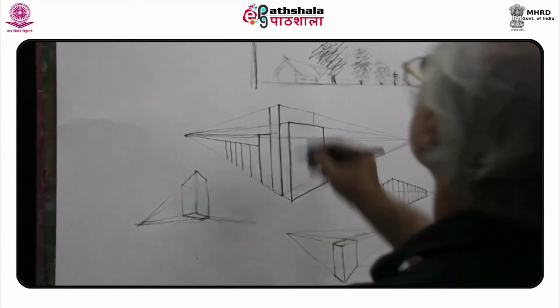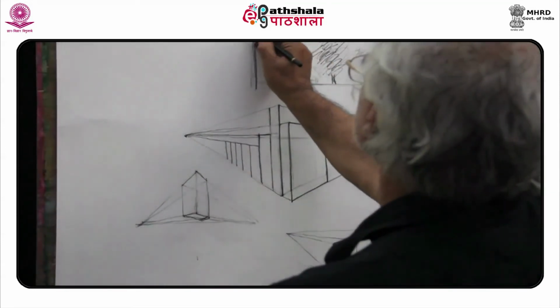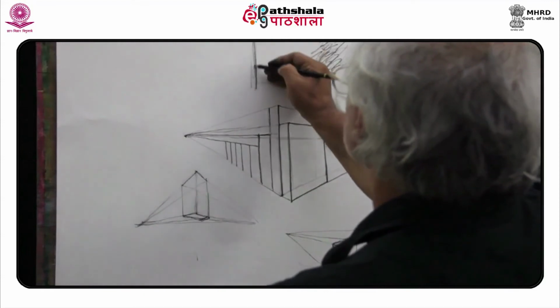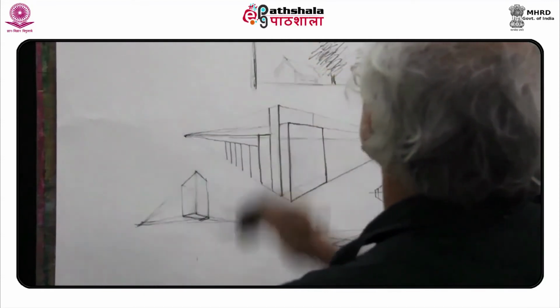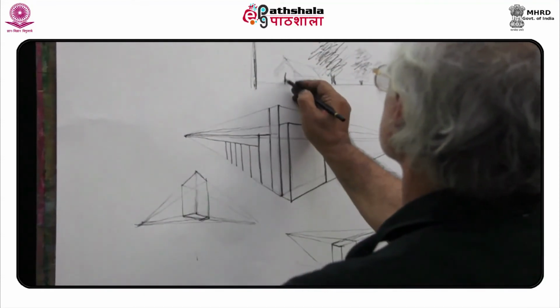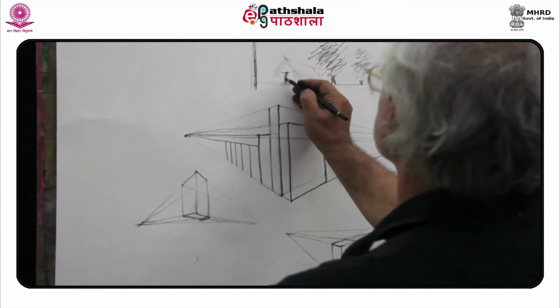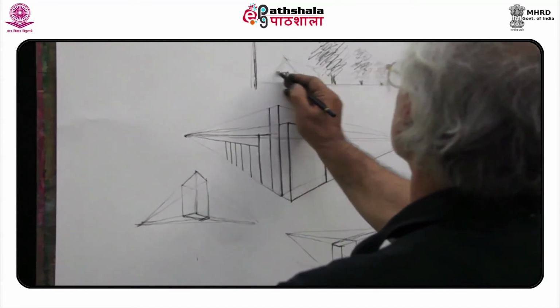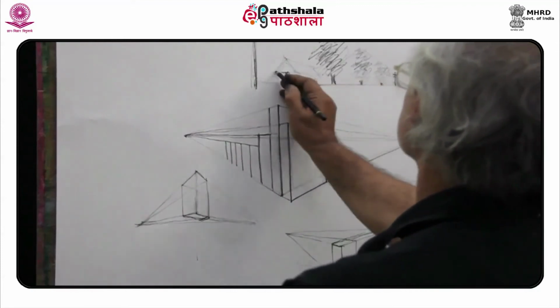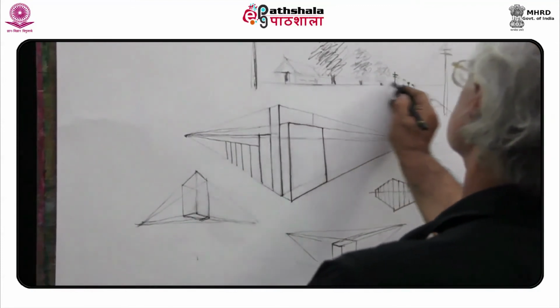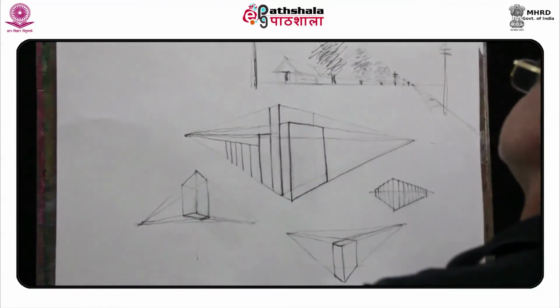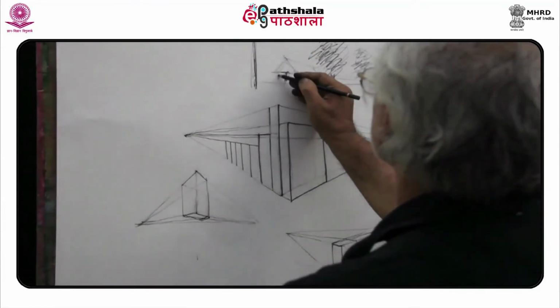In between the trees also can show a pole. But it has become so easier to guess the size of the pole drawn at a distance. There is no chance of it looking disproportionate.